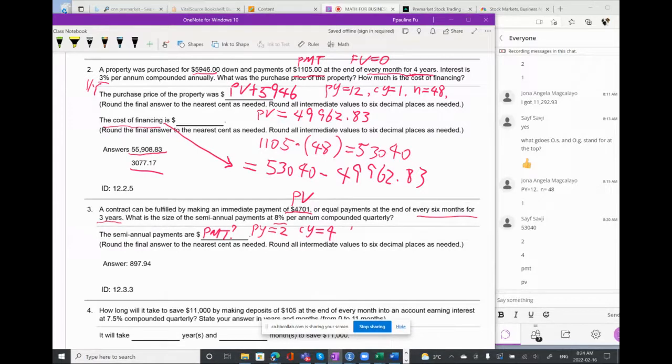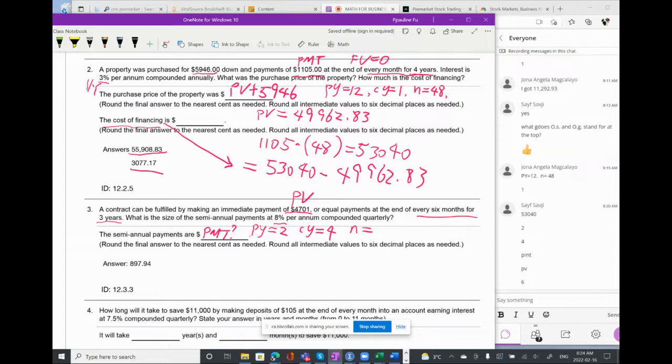Okay, and what is term N? What is term N? 6, because you make payment over 3 years in every 6 months. Every 6 months, you make payment, and you do this for 3 years.